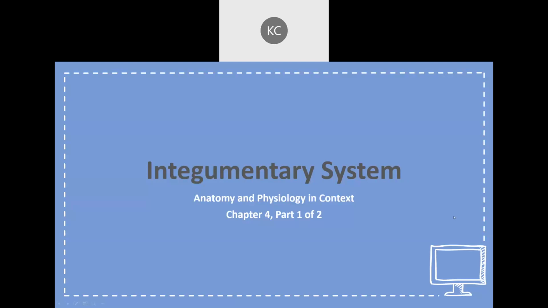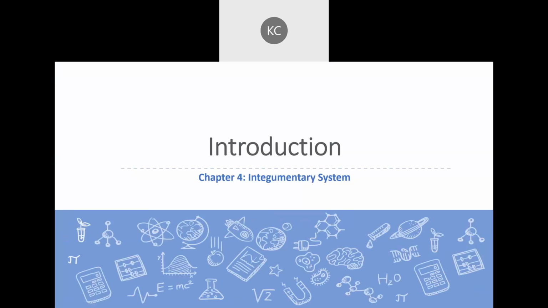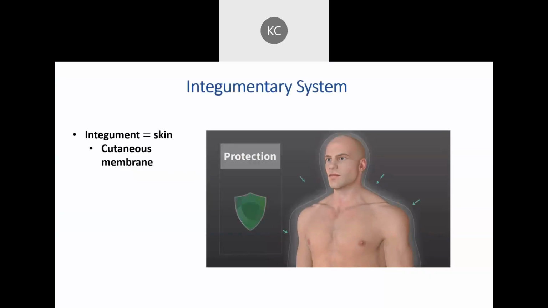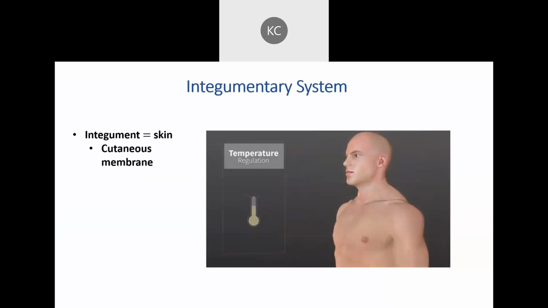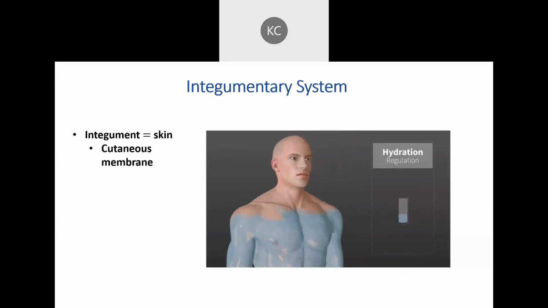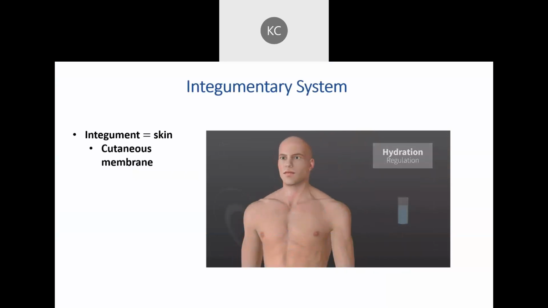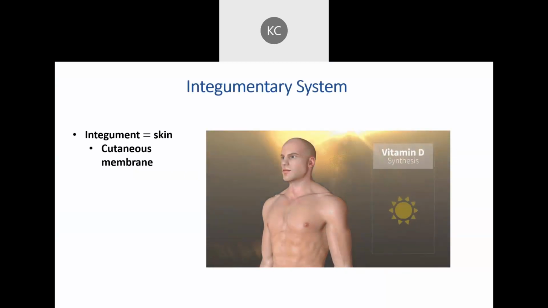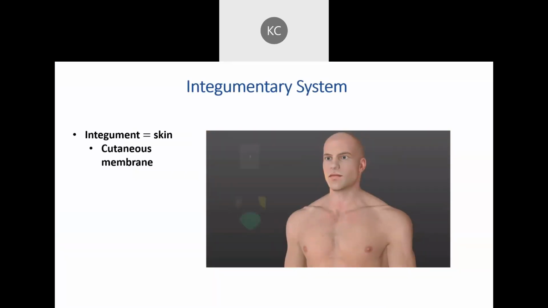When we think of the skin in general, the skin is what's known as a cutaneous membrane. We have different types of membranes in the body. We have serous membranes and we have cutaneous membranes. These different types will surround different body cavities, different body regions and areas.